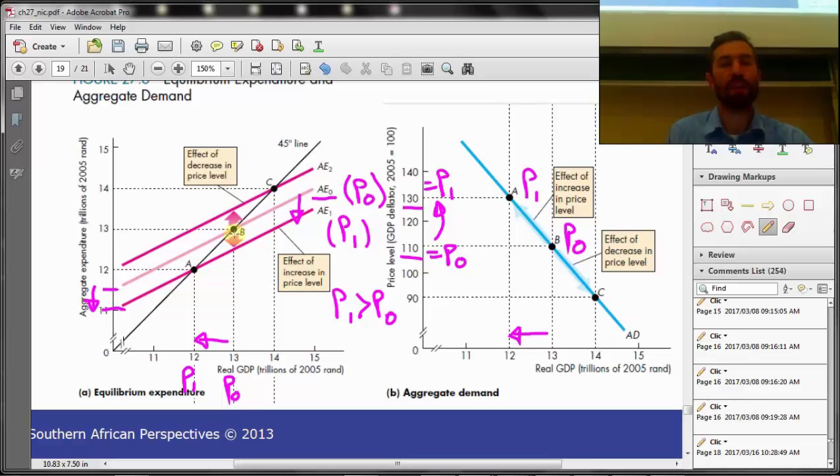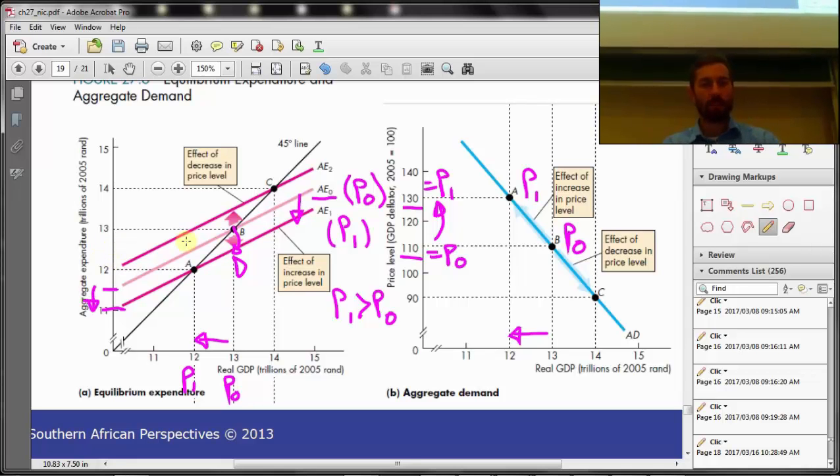So if we think about where we were at point B and we think about it relative to point A, from point B, when prices increase, we move to say this point on a lower aggregate expenditure curve. I'm going to call it point D. At point D, what happens? The level of output that we're producing, 13, is less than the level of aggregate expenditure, somewhere here 12.3 or something, right?